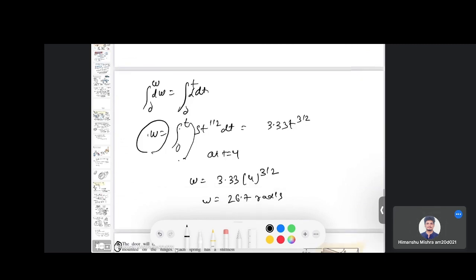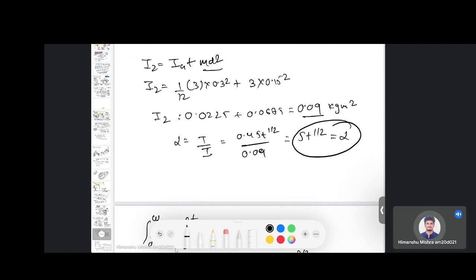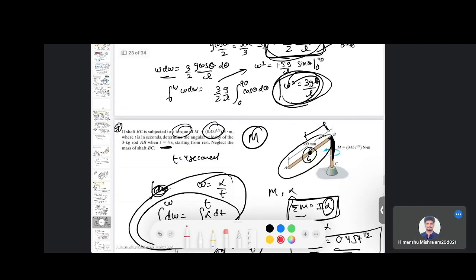So it's always a connection between dynamical quantities like force or moment and acceleration, angular velocity or velocity. If you have been given the moment or the force, you need to calculate these quantities, and if you have been given these quantities, you need to find the others. So in this tutorial, we have looked at both kinds of problems to find the unknown.